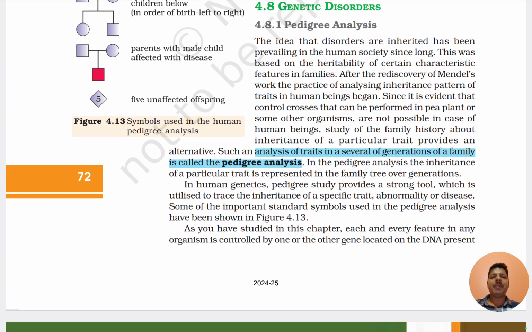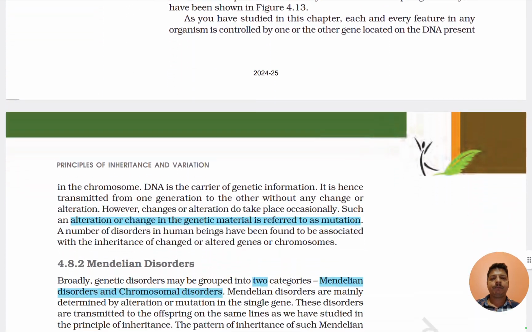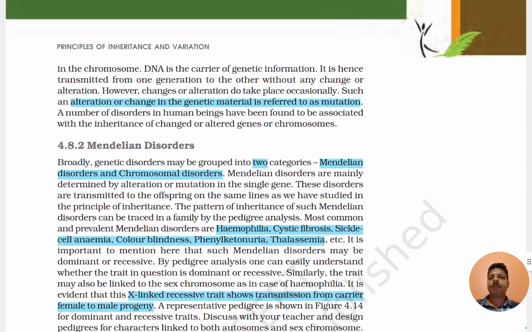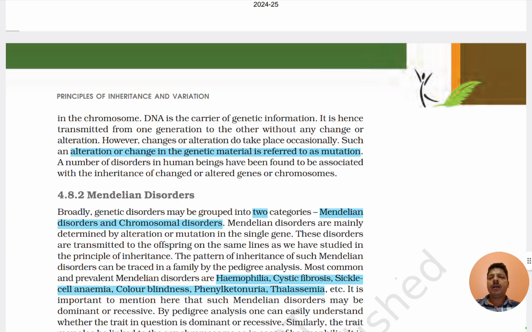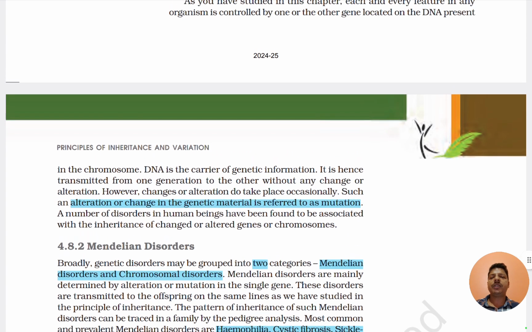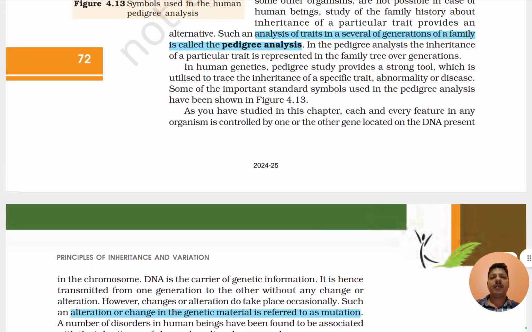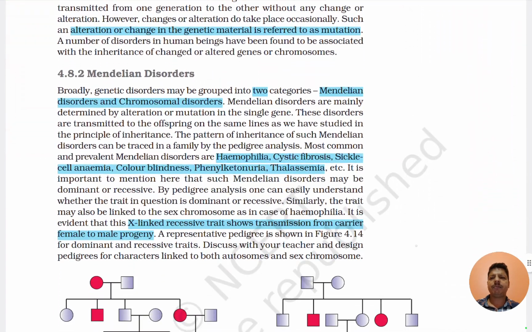Pedigree means a family tree. So analyzing a trait in several generations of a family is called pedigree analysis. Alteration of or change in genetic material is referred to as mutation.